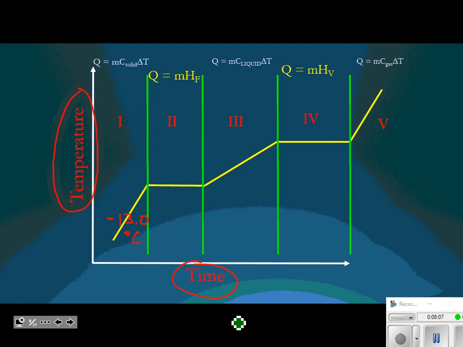So this plateau here is represented for water at 0 degrees Celsius, because that is my freezing point, that is my melting point. So if I have something in area 1, it is ice.